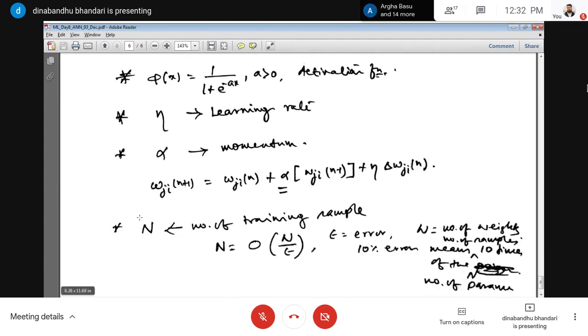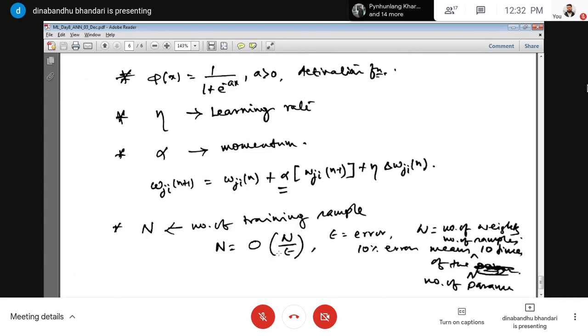Now, another thing is the number of training samples. As we said, you increase the number of training samples, you can introduce more data and you will get a better result. But here, with the number of weights W and the error you want to achieve epsilon, the number of samples is of the order of W by epsilon.